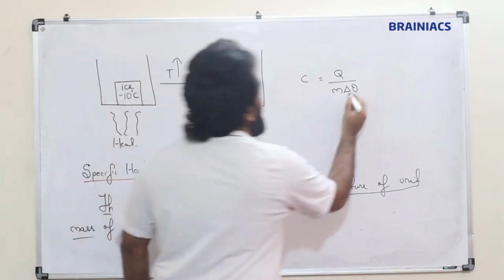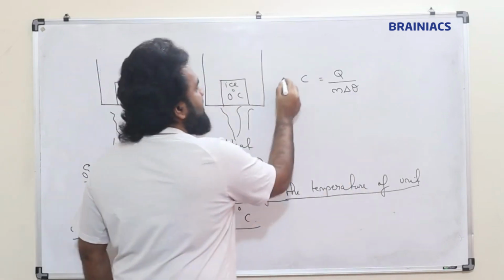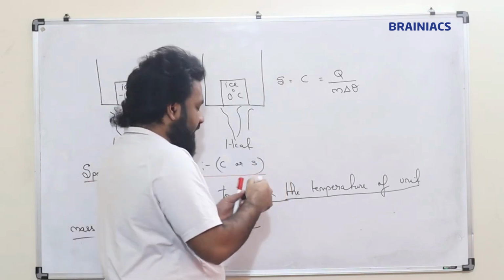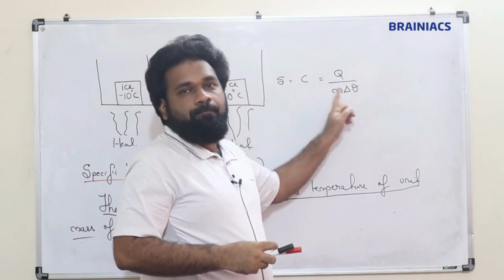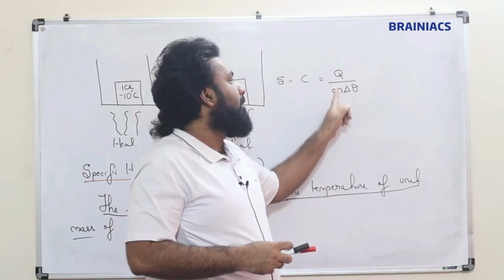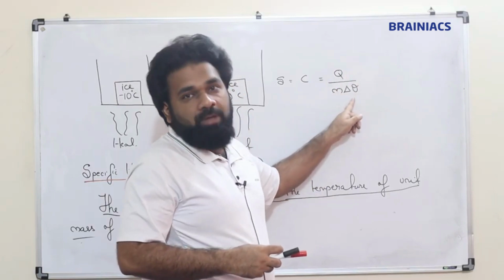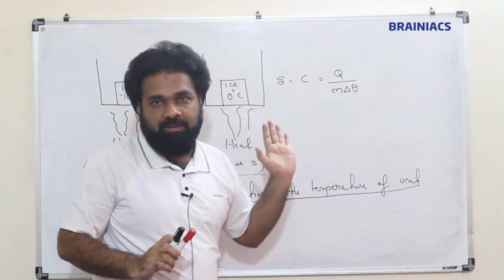Instead of T, I am going to use delta theta. So specific heat capacity is the heat required per unit mass per unit degree change in temperature.